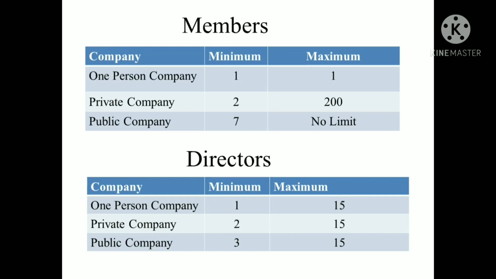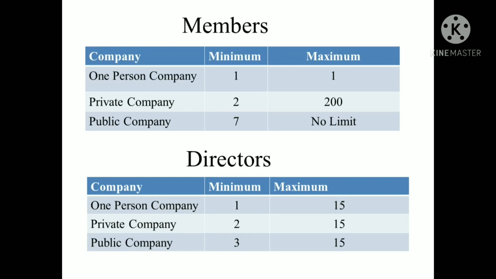In case of private company, minimum 2 members are required, and in private company there may be a maximum number of members, that is 200. In public company, minimum 7 members is required, and in public company there is no limit on the maximum number of members. This is all about the members in one person, private and public company.